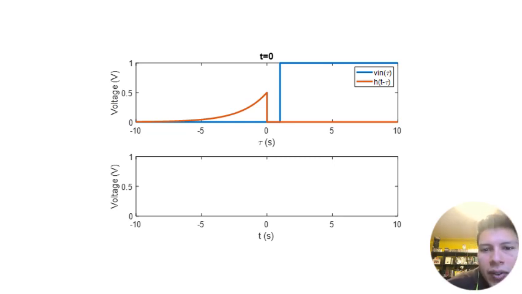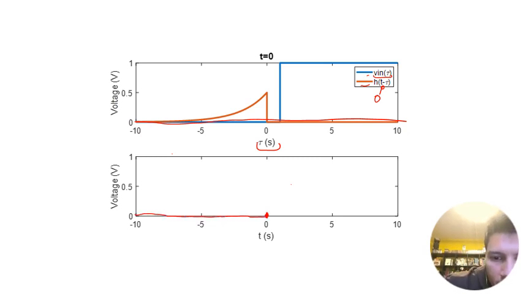So at time equals 0, here are our two functions in the tau plane. We have here h of t minus tau, with t equal to 0, and then V in. When we take the product of the orange line with the blue line, we're going to get 0 everywhere. So when we take that integral, we get 0. Actually, for all time less than 0, we're just going to get 0 because our input's not on.